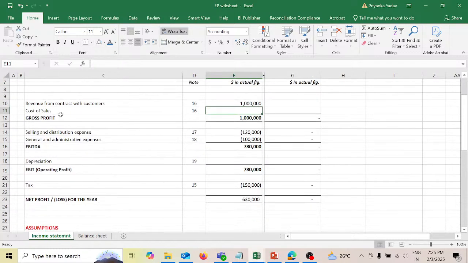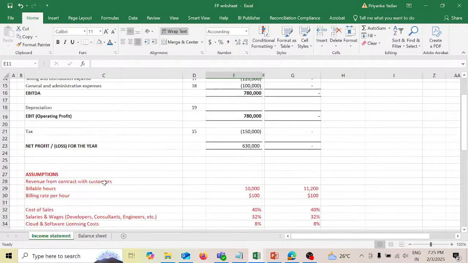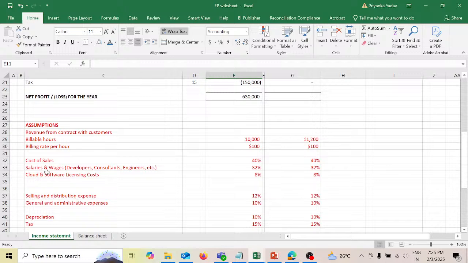If you are also provided with the bifurcation of the expenses in your income statement, you can even take the bifurcated rates on the revenue. You can charge it and get the exact figures for salaries and wages as well as your licensing cost.